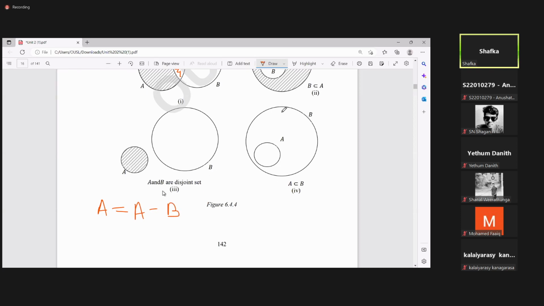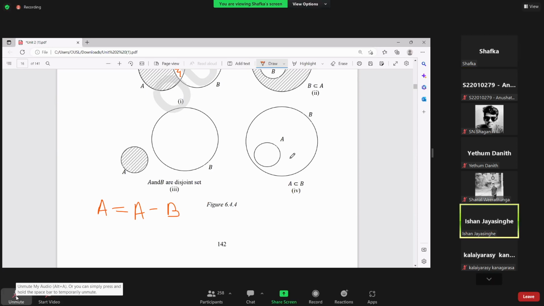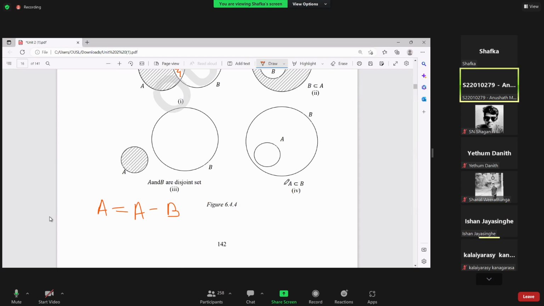But in the last figure, there is no shaded region. Is that correct or is it a mistake? It's correct. Why? Because A is a proper subset of B. Yes, this is correct.